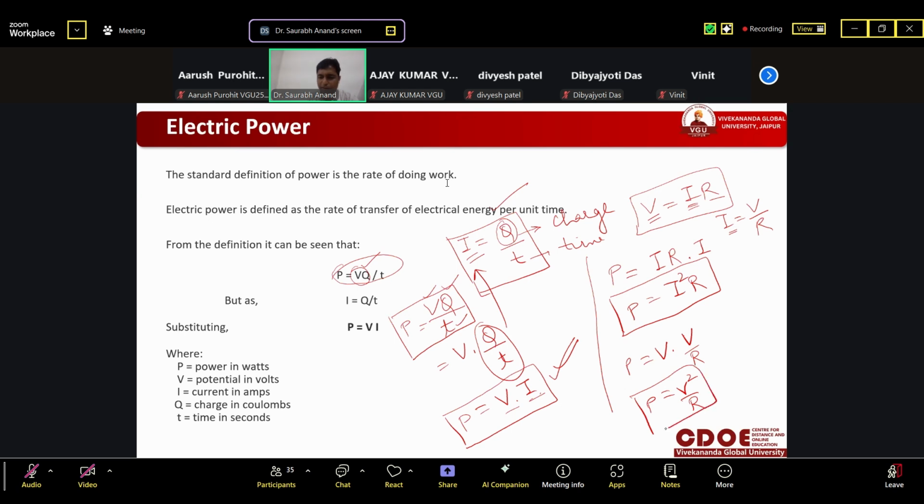So we have four formulas: one, two, three, and four. Four formulas can be used to find the power, right? You can write this formula somewhere, which is used for this.